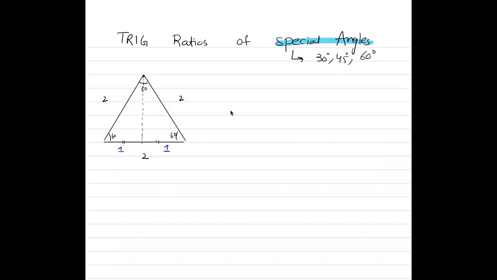Can you help me find this angle? What is this angle going to be? Sorry, the screen is like, just give me a minute.